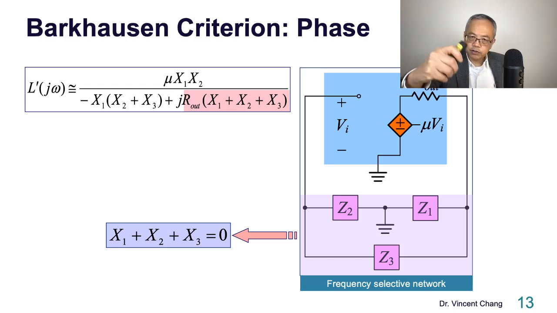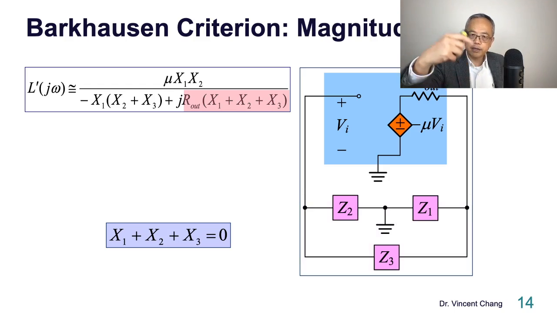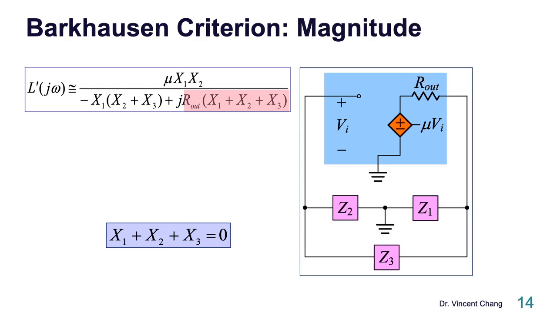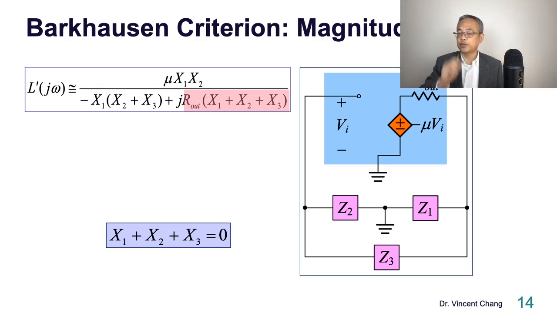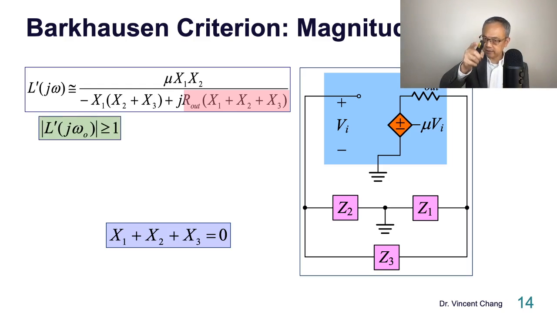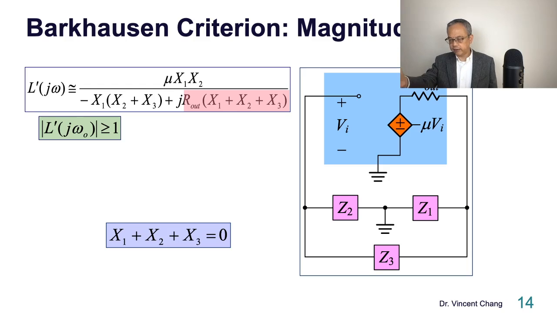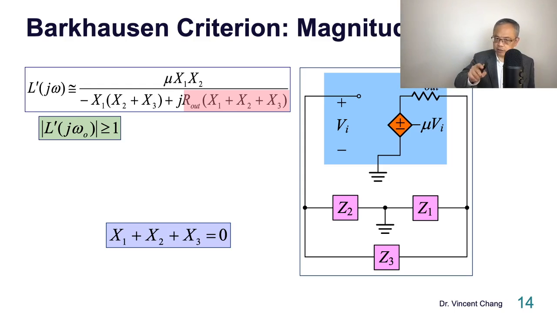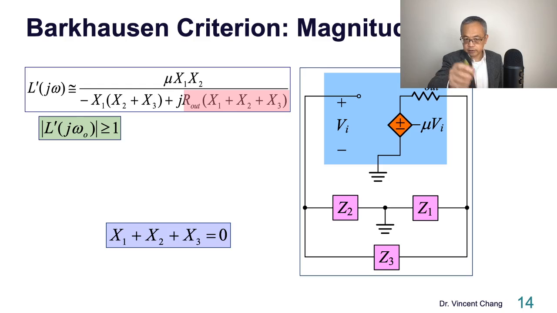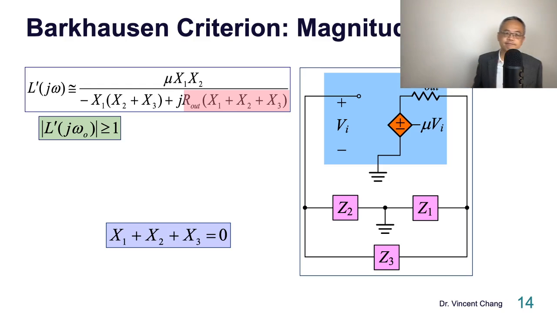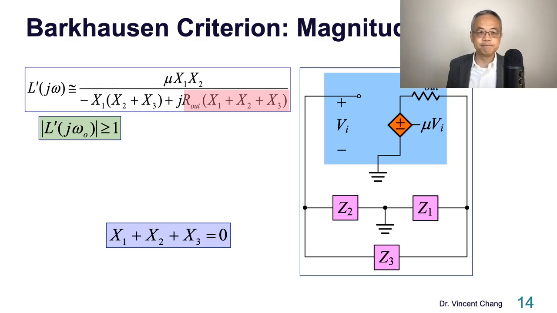So now, let's move on to the second criterion, which is the Barkhausen magnitude criterion. Then we plug this in at the frequency of oscillation. The magnitude of the loop gain should be greater than or equal to unity. So at the frequency of oscillation, the imaginary part, the red highlight, is gone. So what's left?